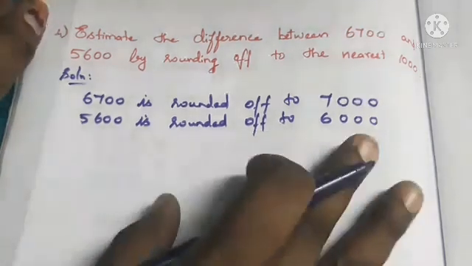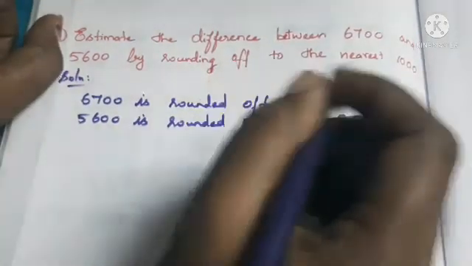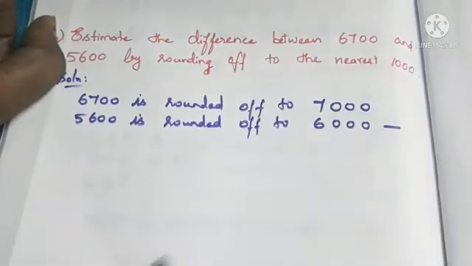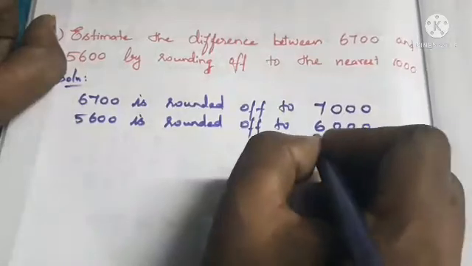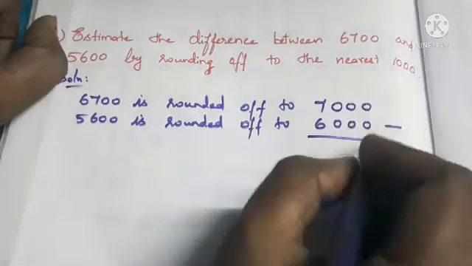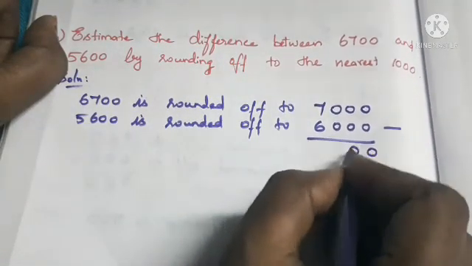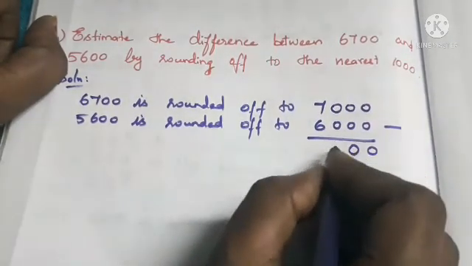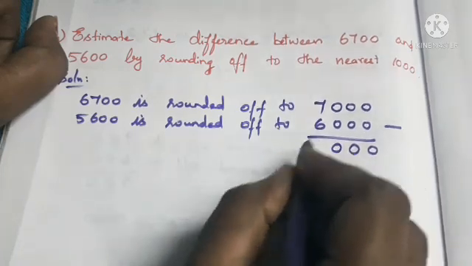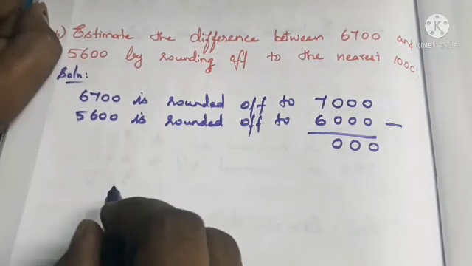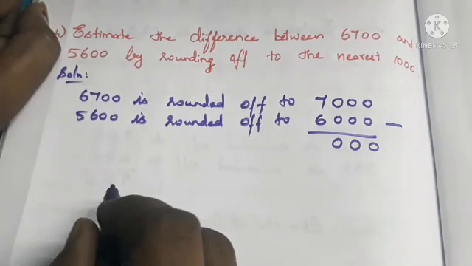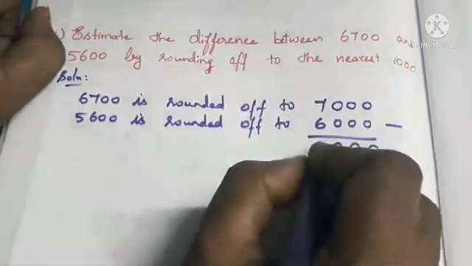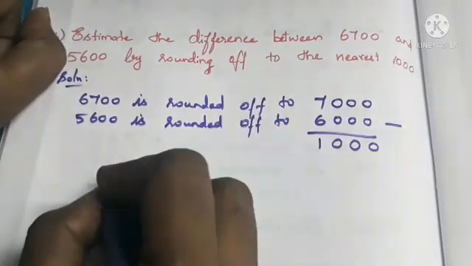Next they asked to find the difference. Difference means we have to subtract. 0 minus 0 is 0. Again 0 minus 0 is 0. Next also 0 minus 0 is 0. 7 minus 6: keep 7 in the mind, take 6 on the fingers. 7 minus 6 is 1. So we got the answer as 1000.